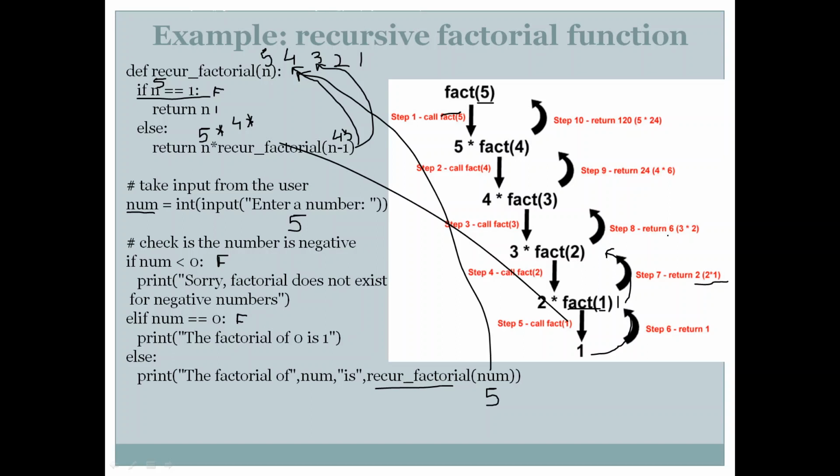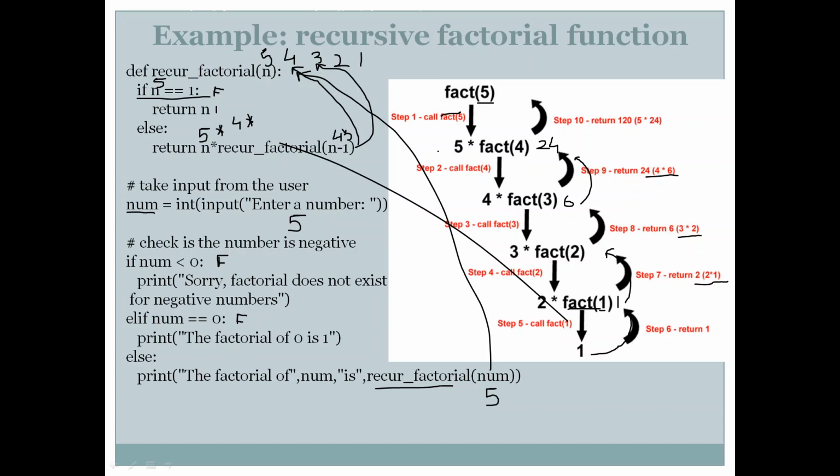So 3 into 2 will become 6, so 6 is written here. Then it will calculate 4 into 6, and that is written here. So 4 into 6 is 24, so 24 will be written here.